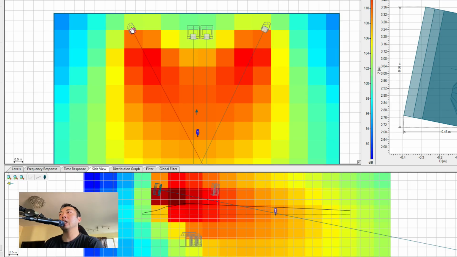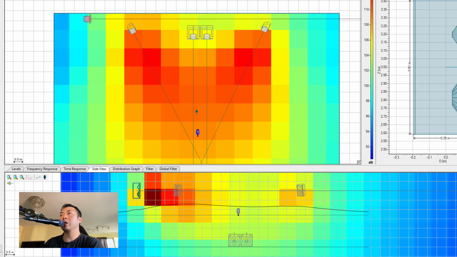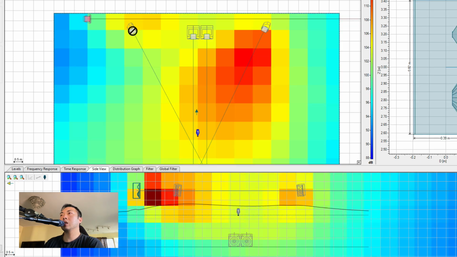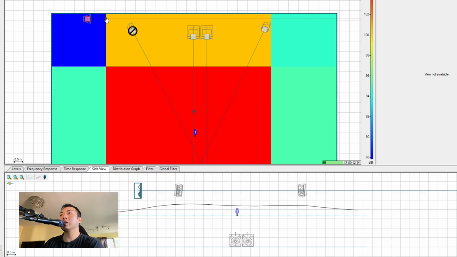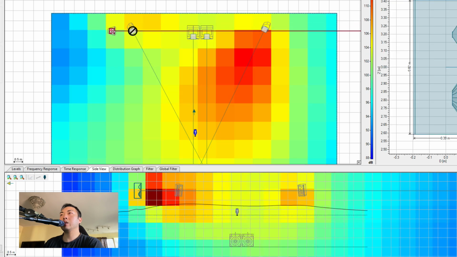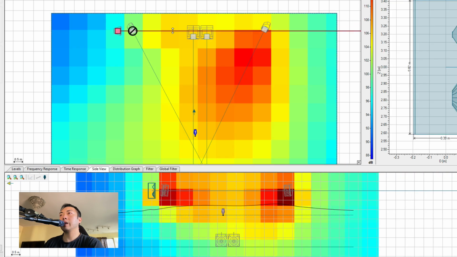Let's say, for example, we go back to this very quickly. Let's say in this example we use a QSC 15. We'll put it 3 meters away, right here.